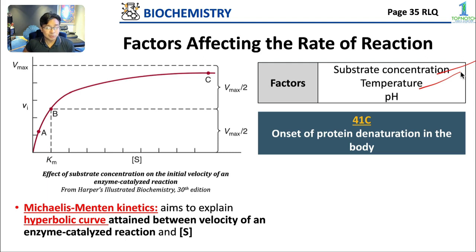Kaya ang tao may lagnat na sobrang taas, dapat pinabigyan ng paracetamol or tepid sponge bath kasi you don't want to have a temperature beyond 41 degrees Celsius kasi masisira ang iyong different proteins in the body, causing permanent damage in the long run. Now, pH is also important kasi some enzymes act better at basic medium, while some may act faster at acidic medium.